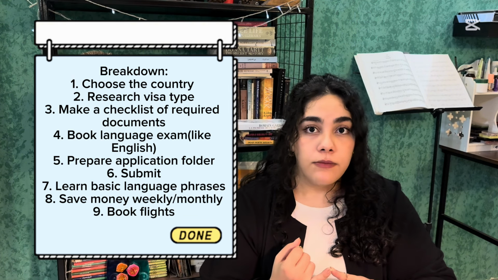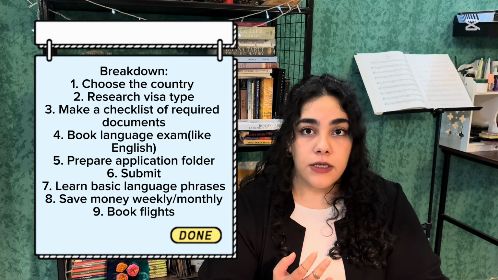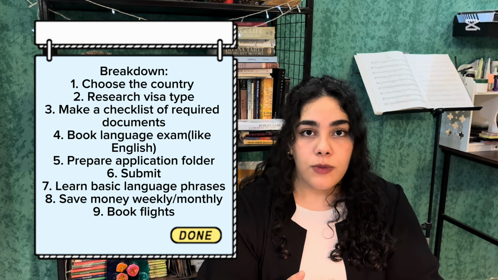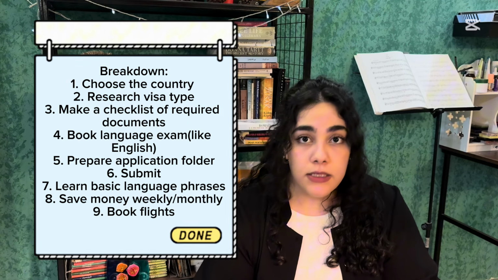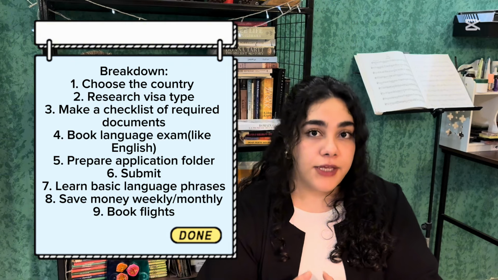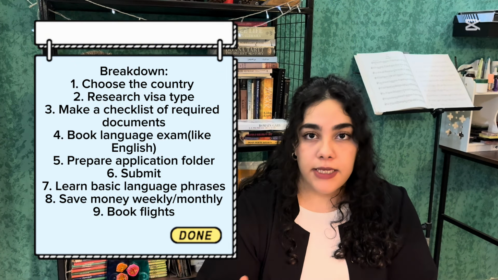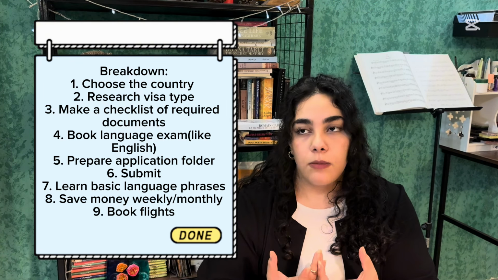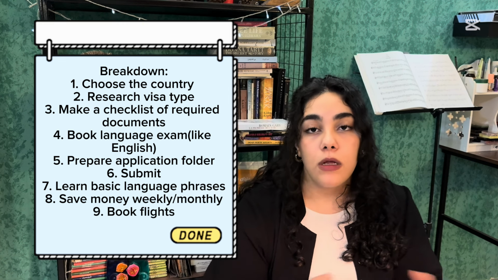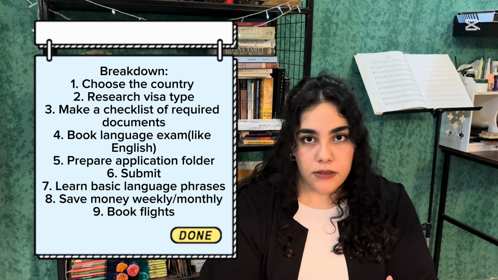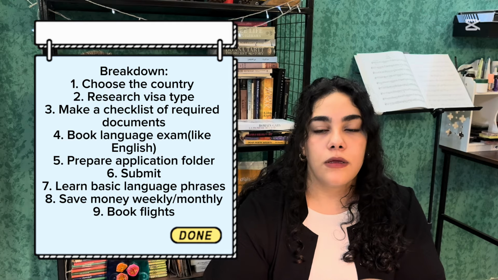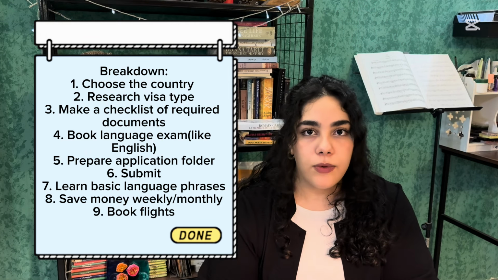Choose the country, research visa type, create your documents and get a checklist of the documents that you need. Create an application folder, book an English exam or maybe the language that is spoken in that country, French, German, and so on. Submit and learn maybe a few simple phrases in that language.